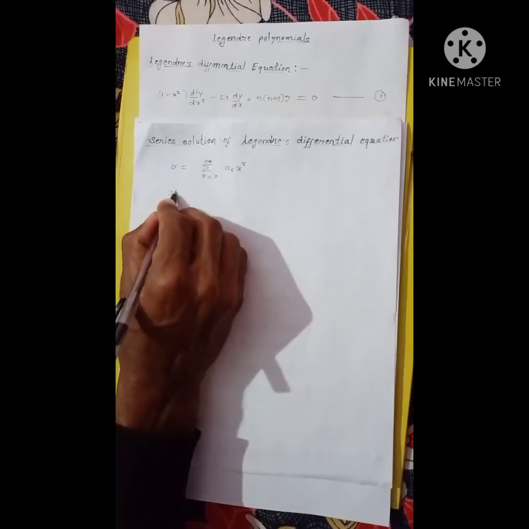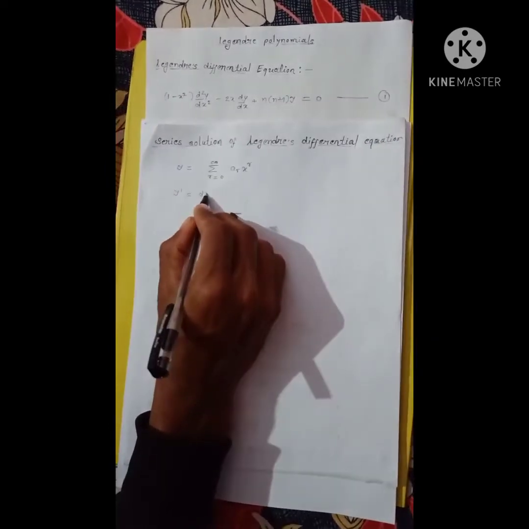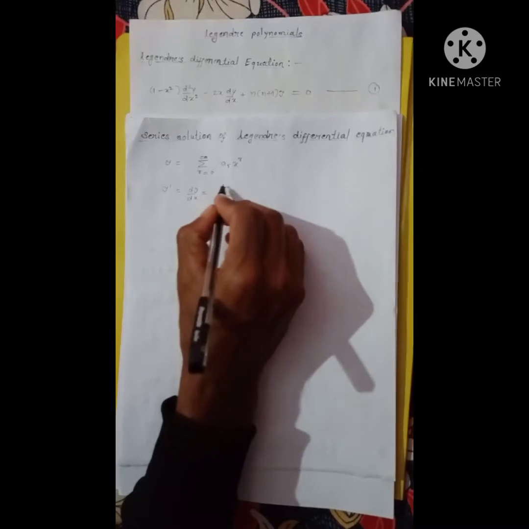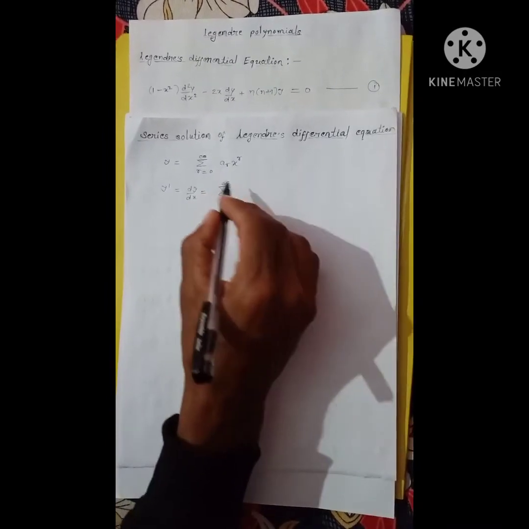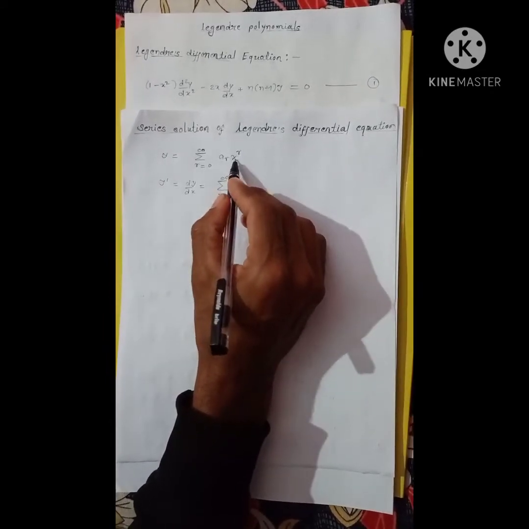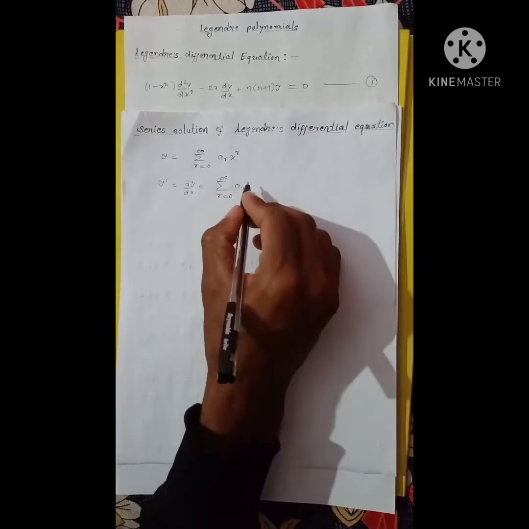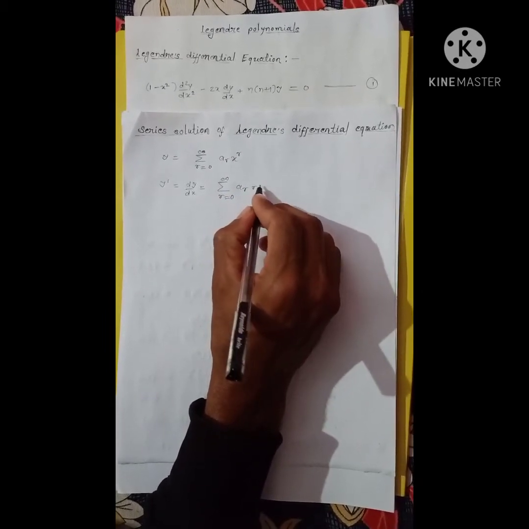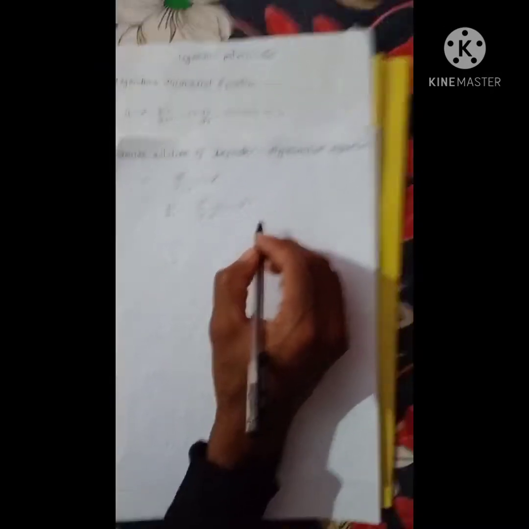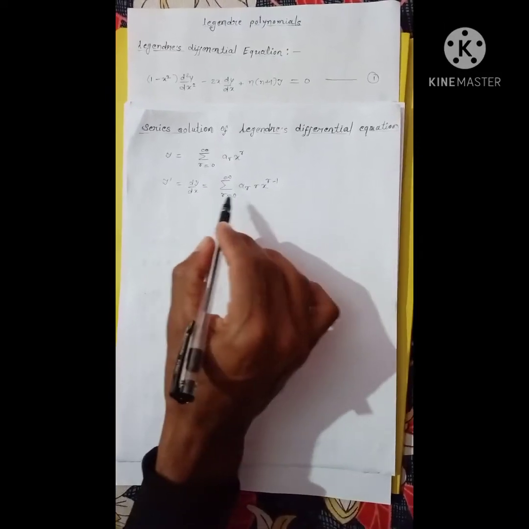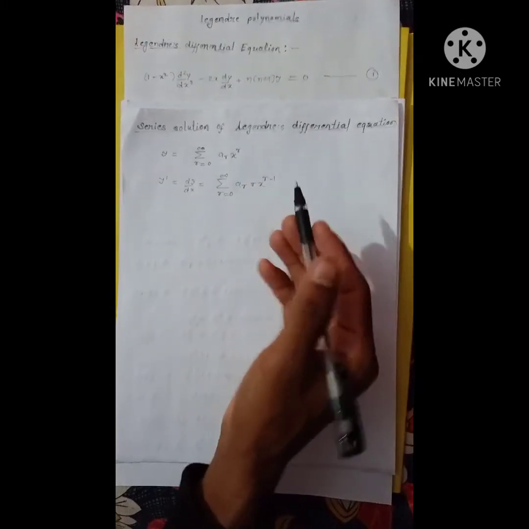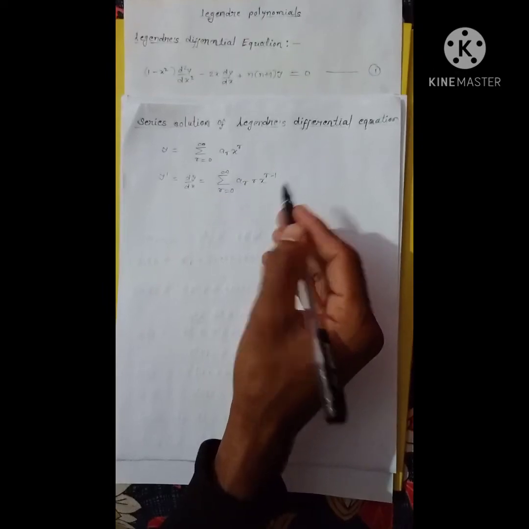So y dash is equal to dy by dx equal to summation r equal to 0 to infinity. This a r is a constant, so a r stays as it is, and the differentiation of x to the power r will become r into x to the power r minus 1. In this summation, when we put r is equal to 0, we will get the power of x negative.